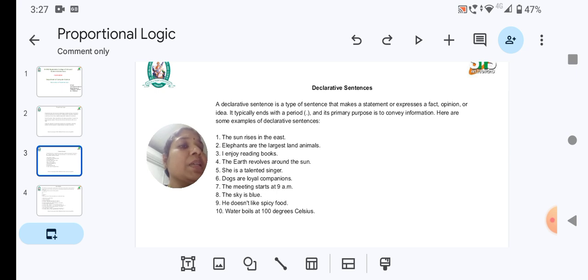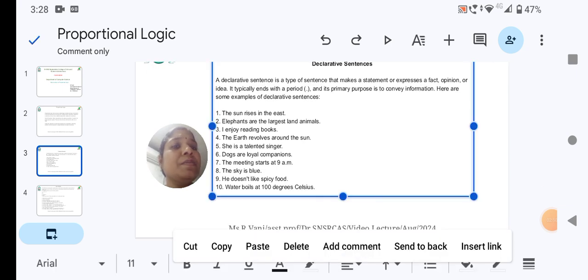These are simple examples of declarative sentences which state a fact or opinion, a complete sentence that ends with a full stop and conveys information with complete meaning. The next one is the next slide.